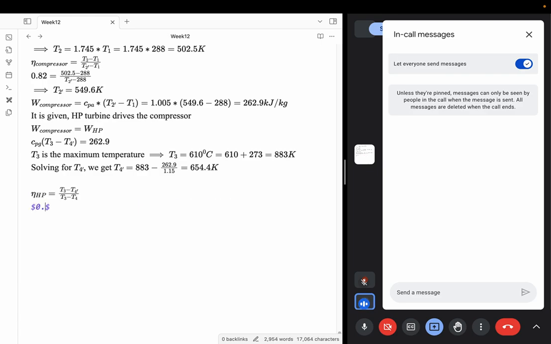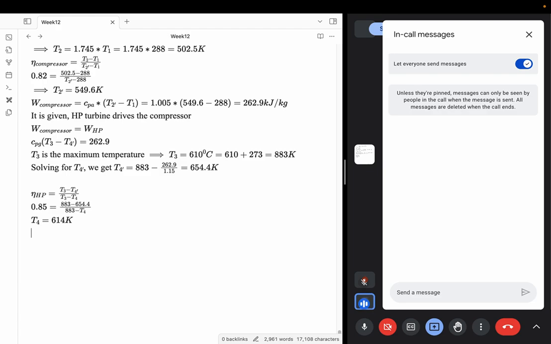The eta is given as 0.85. T3 we already know, that is 883 Kelvin, and T4 prime we have calculated just now. Now if we solve this, I will directly get T4 as 614 Kelvin.